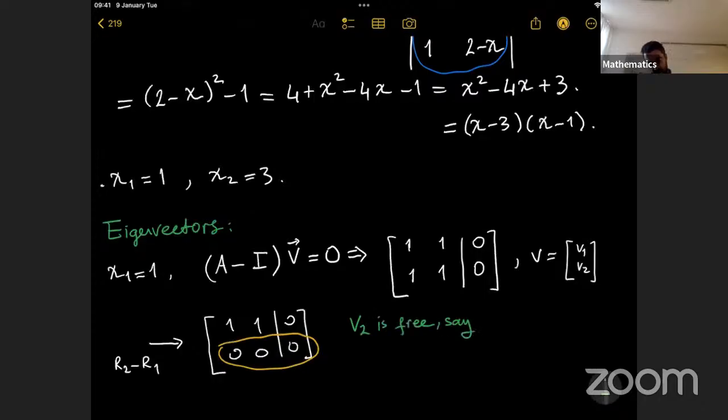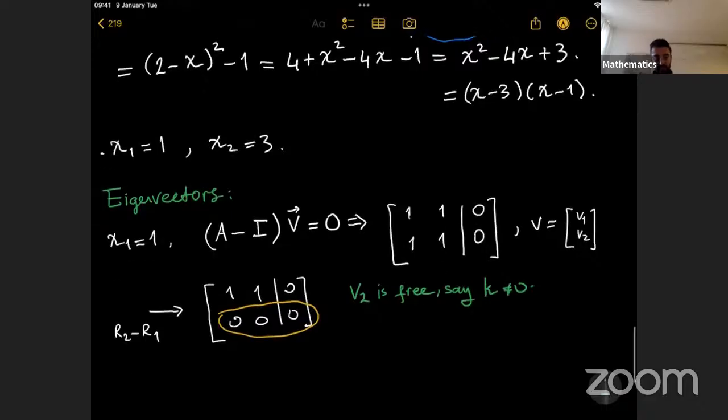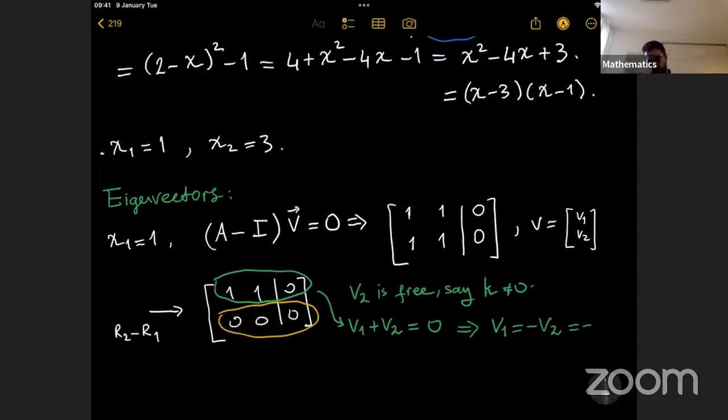Say it's k, not equal to 0, and v1 plus v2 is equal to 0. This follows from the first row: v1 plus v2 is equal to 0. So this tells you v1 is equal to minus v2, which is minus k.